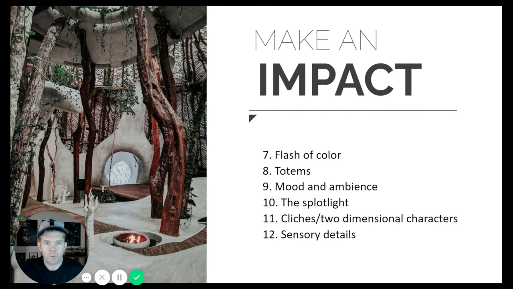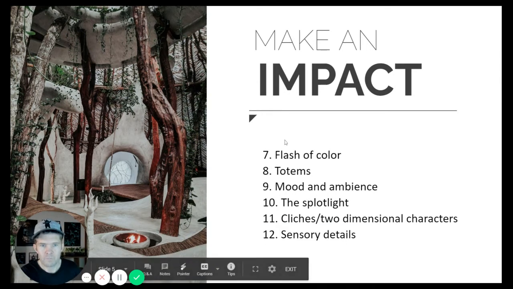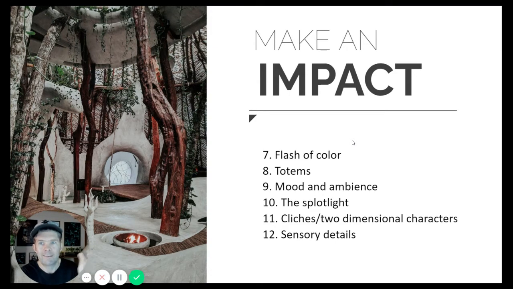So, for example, if the character is wearing a bright red dress, then the background should be white or blue because there's more natural contrast. And also, if I was doing a book cover design, there would be a glowing light around her, and then it would be darker around the edges, because whatever you're trying to feature, you have to give kind of a halo effect to get them to really stand out and be as dramatic as possible.